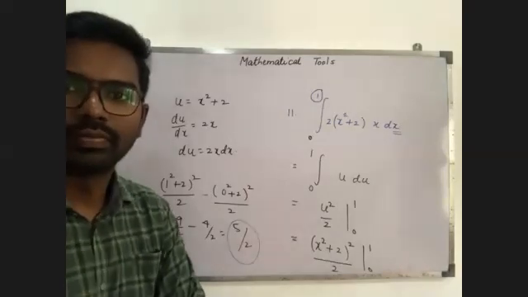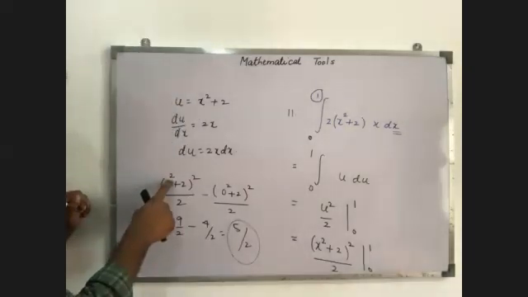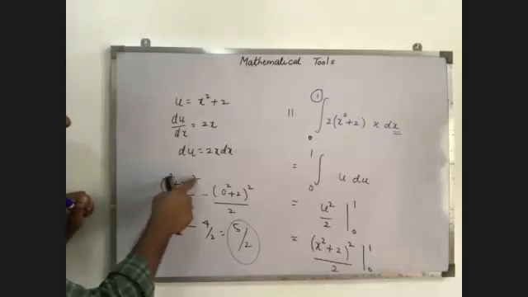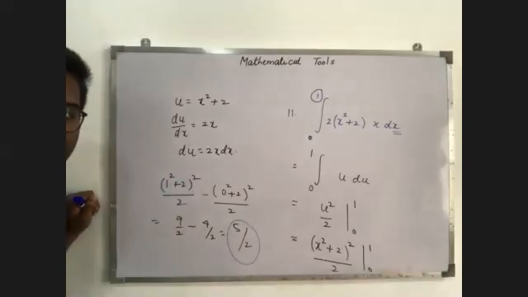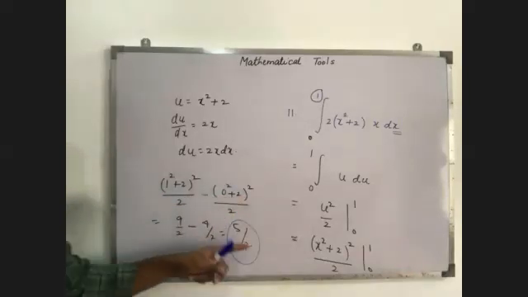How 9 by 2? 1 square is 1. 1 plus 2, 3 whole square, that is 9. So 9 by 2 minus 4 square by 2, so that is 5 by 2.